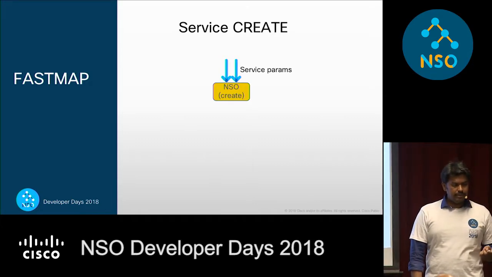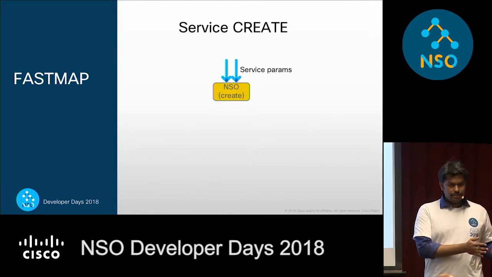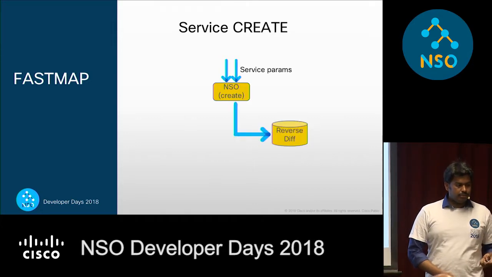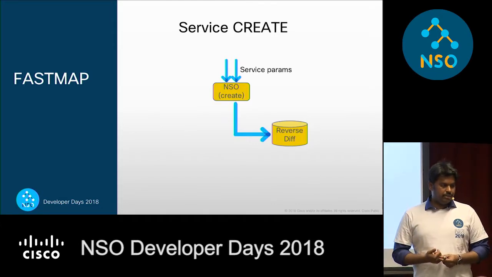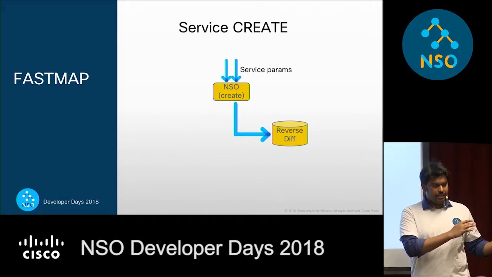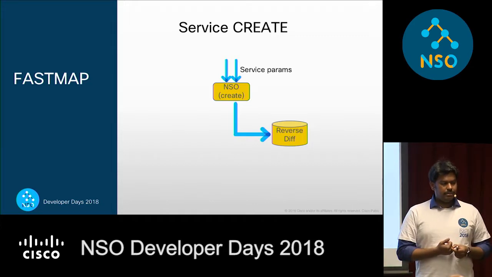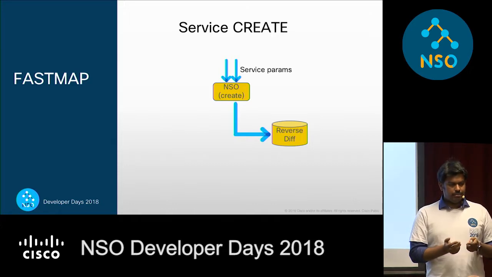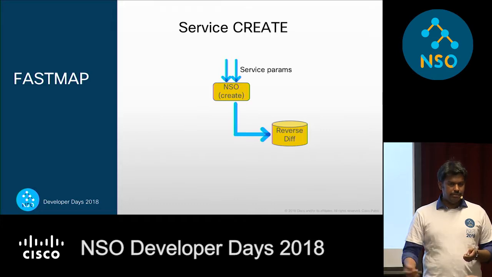And what NSO does is, as I mentioned, it has the ability to calculate the minimum diff necessary to take a device from a given config to another config. So once you have the diff from A to B, it's also very easy to have a diff from B to A. So we calculate the reverse diff, that is what is needed to get the system back to the previous state, and then we store that reverse diff in CDB.